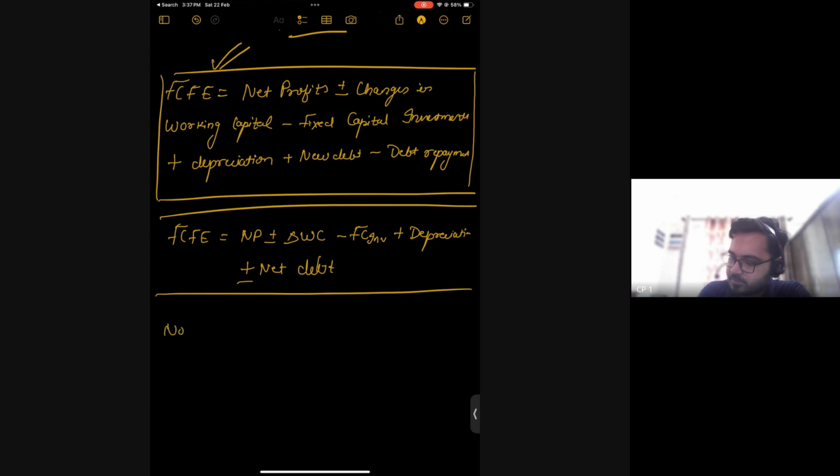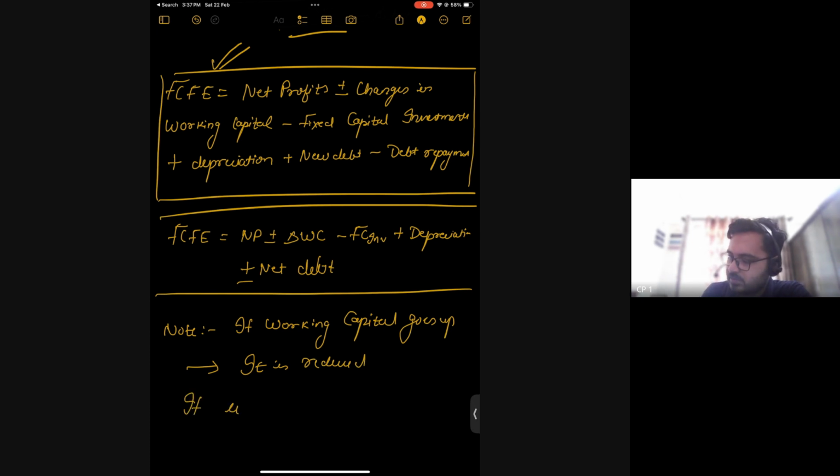And note, if working capital goes up, it is reduced. If working capital goes down, it is added. So that should help understand when do we use plus and minus.